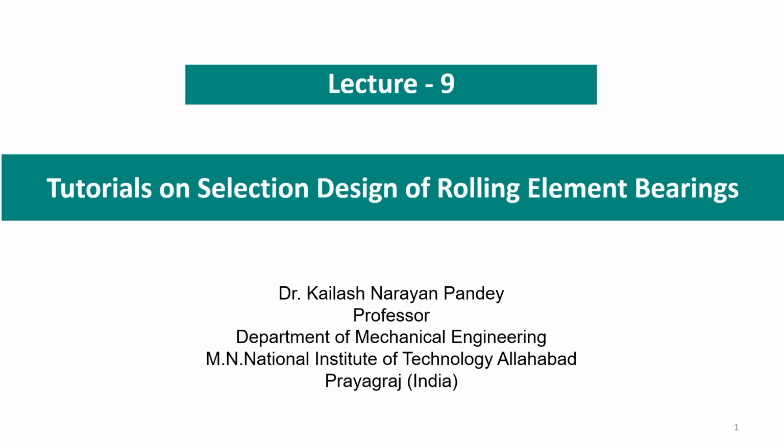In this rolling element bearing, the shaft is separated from the bearing with the help of rolling elements. In the case of sliding contact bearing, there was a lubricant, and the contact was a sliding contact. So, let us start with a brief introduction of rolling element bearing, and thereafter we will take a few problems related to selection design of rolling element bearing.